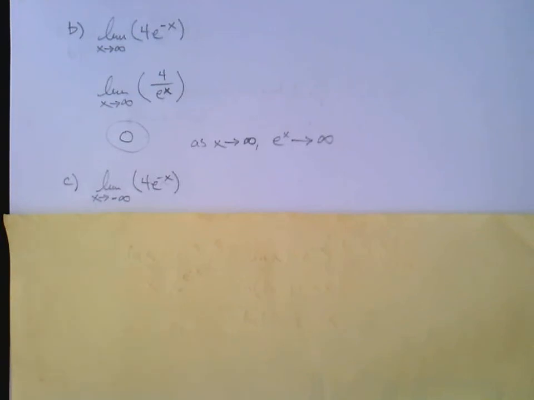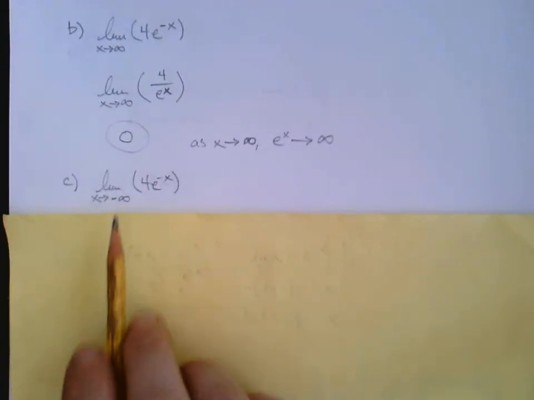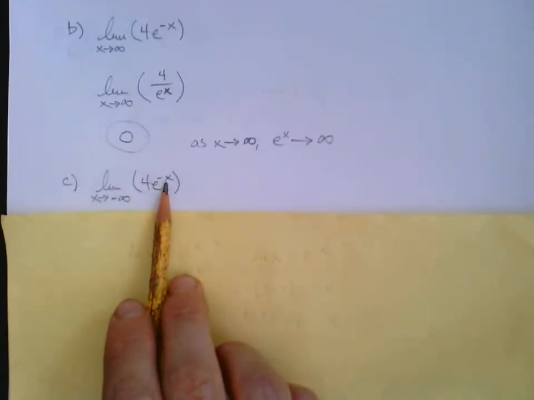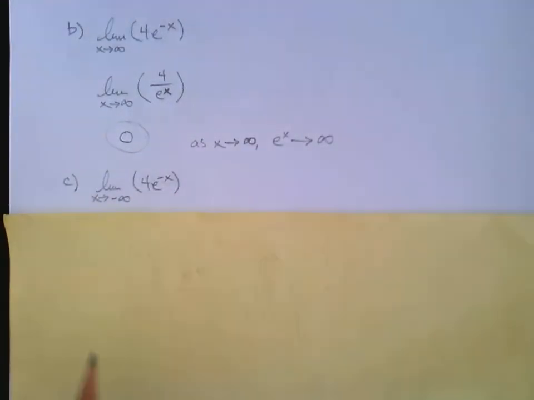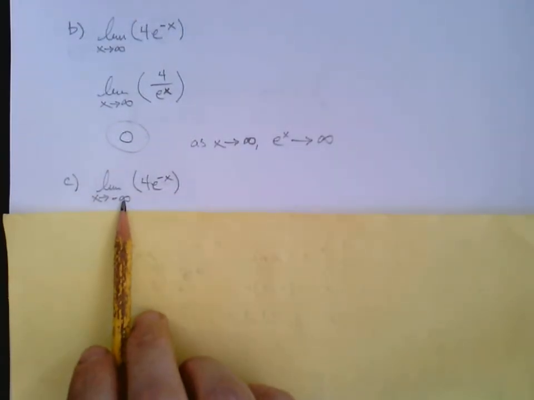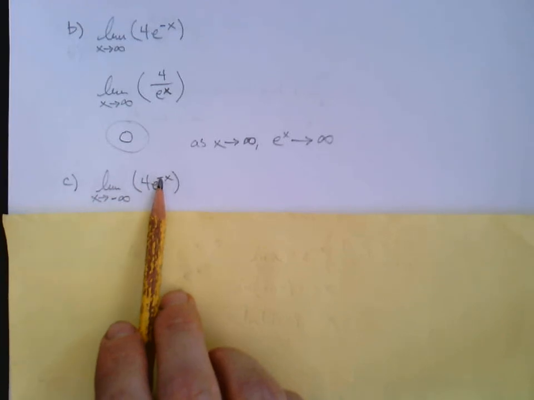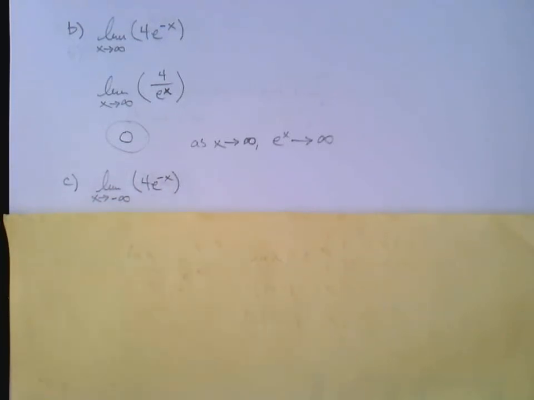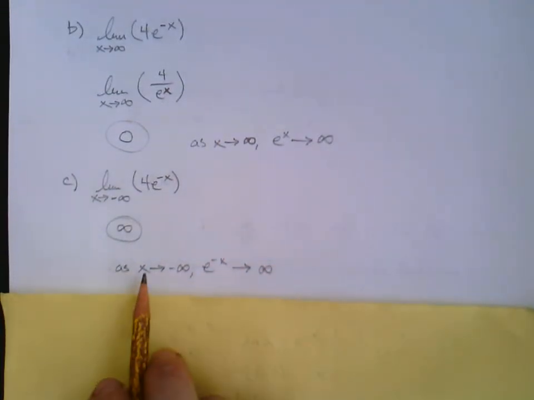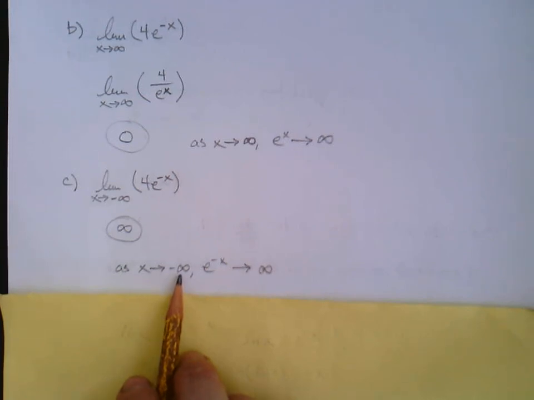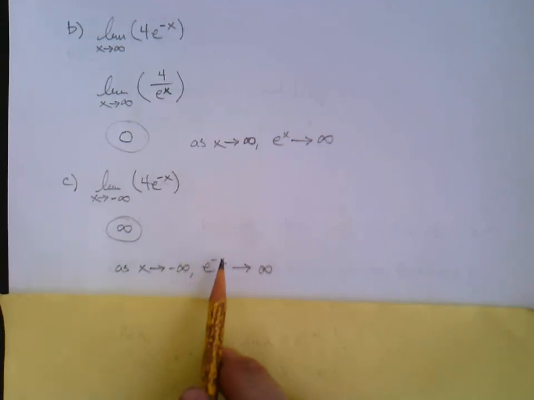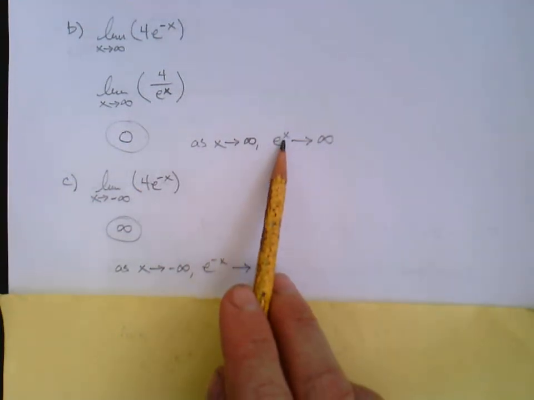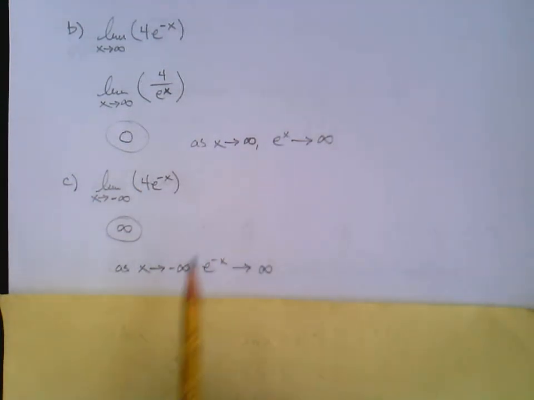Think of plugging in, if you will, the negative infinity. If we put in big negative numbers in for x, wouldn't that cancel out with this other negative? Well, it looks like I'm showing you all of my work here. So as x approaches negative infinity, that negative infinity goes in there and the negatives cancel and it's back to just e to the infinity, or e raised to really large numbers.